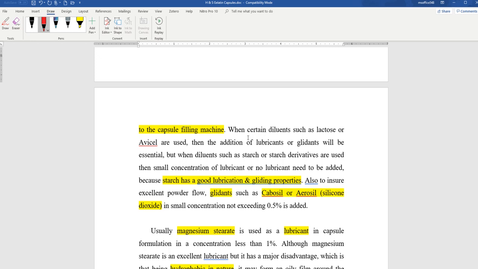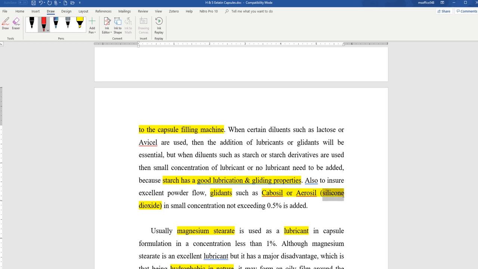One of the very famous glidants is silicon dioxide. Silicon dioxide is one of the most powerful glidants and is available under trade names: Cab-O-Sil and another trade name, Aerosil.